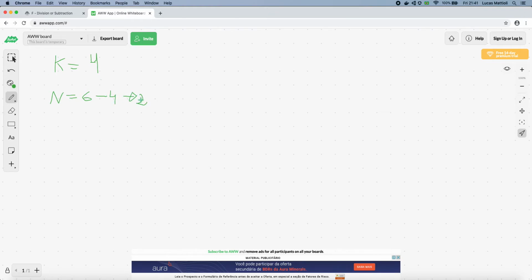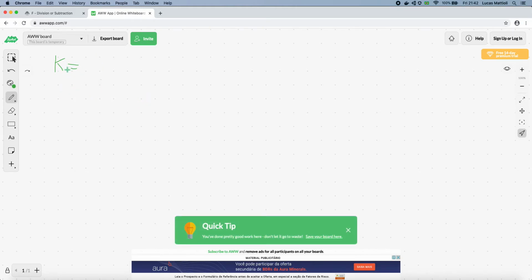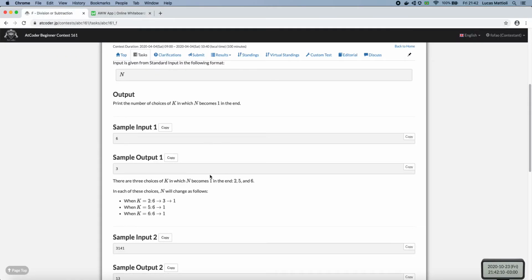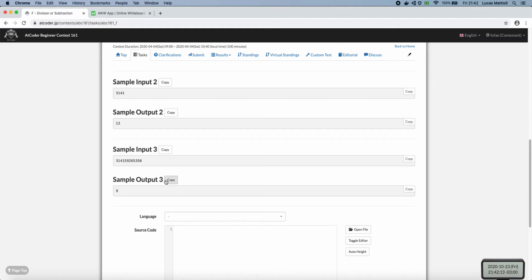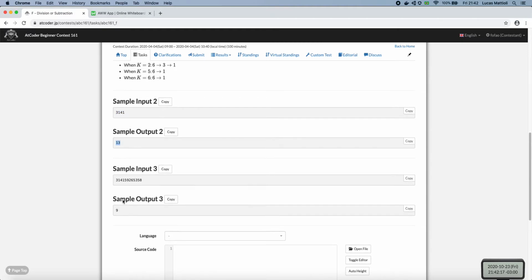But 2 in this case is less than k, which is 4, so we need to stop the operations, and this number is different from 1, so we don't count it in the answer. If you do the same process for k equals 3, you see that you do not arrive at 1.